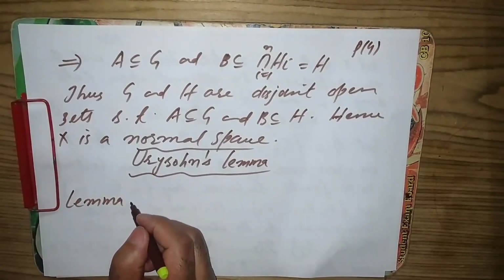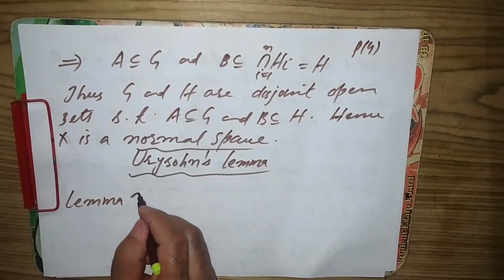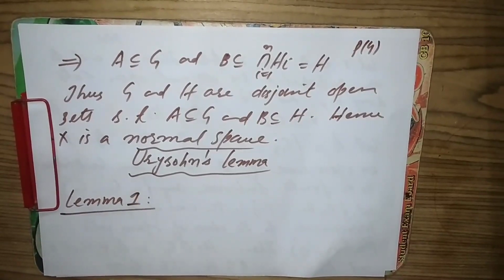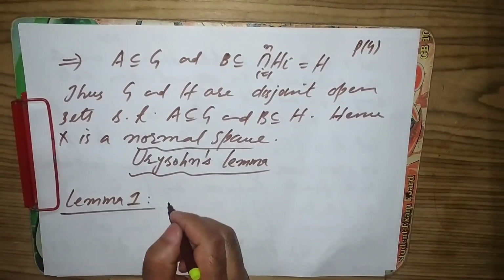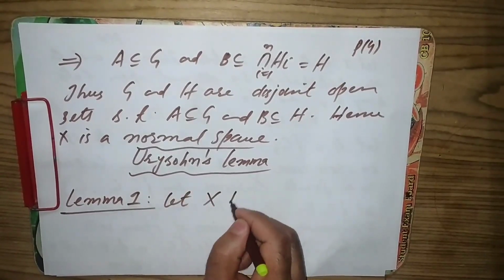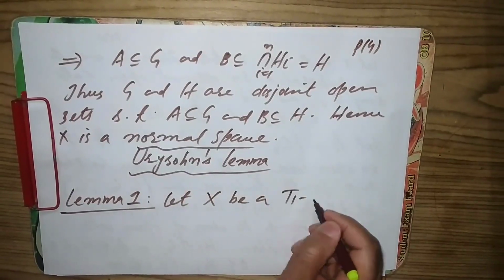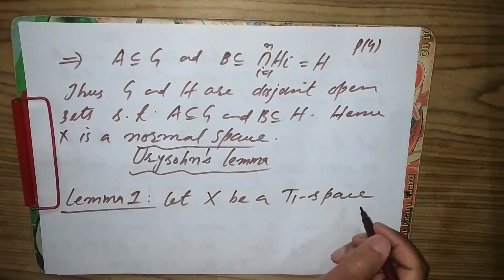Lemma number 1, which we are going to use in Urysohn's lemma. Let X be a T1 space.